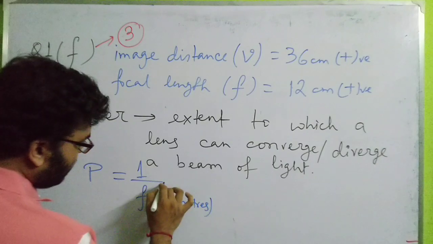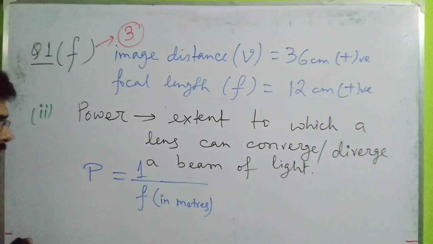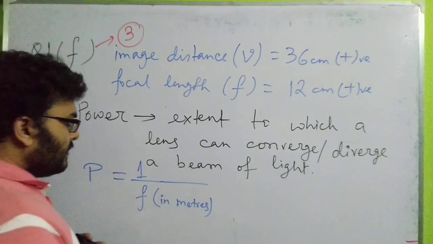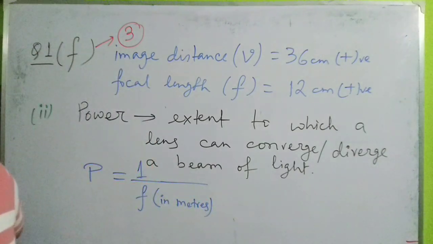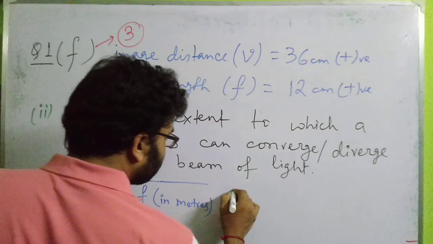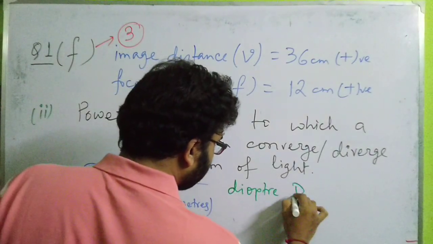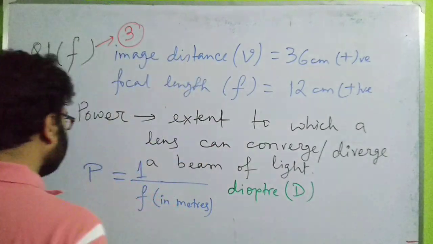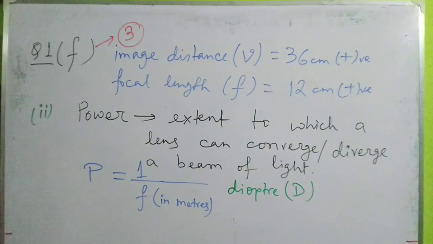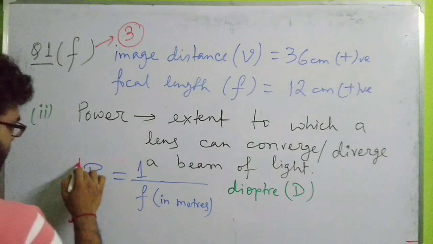Be careful here, f must be taken in meters. And if we take focal length in meters, then the SI unit of power is the diopter, in short written with the symbol D. So this is the formula for power of a lens.